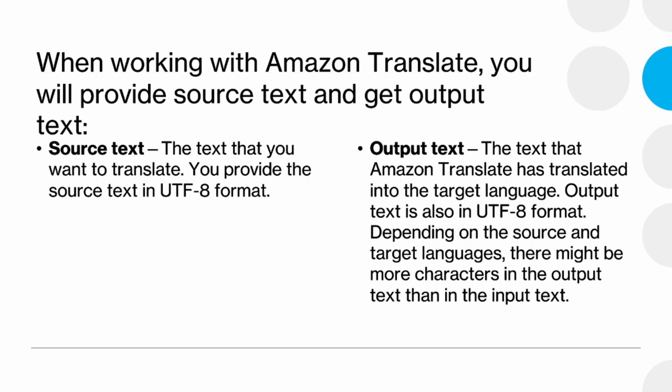And depending upon the source and the target languages, there might be more characters in the output than in the input text. Right? So it is not necessary, because it might be possible that a proper sentence in the source language is a little bit smaller or consists of fewer characters, but the output has more characters.